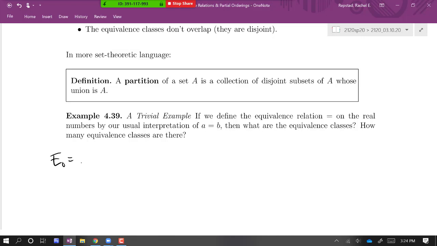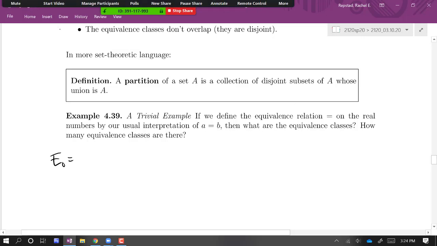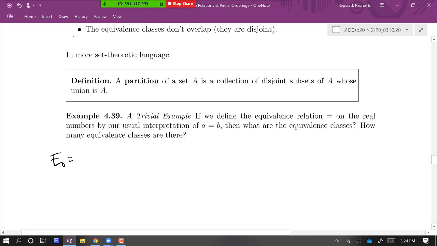No. Because we're defining this equivalence relation just by equals. We're saying A is equivalent to B if A is equal to B. So this just consists of the single element 0. No other real number is equal to 0, so there's nothing else we can include.